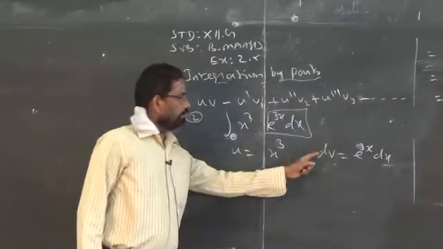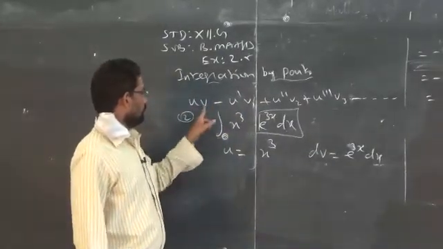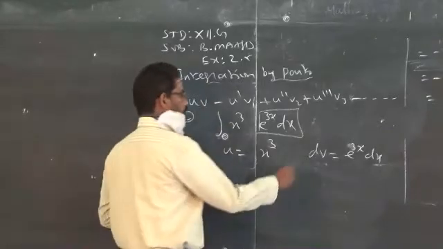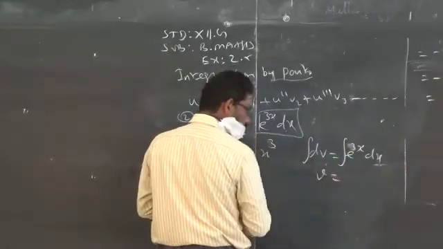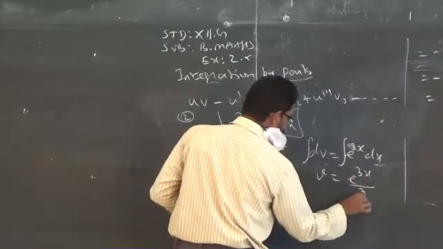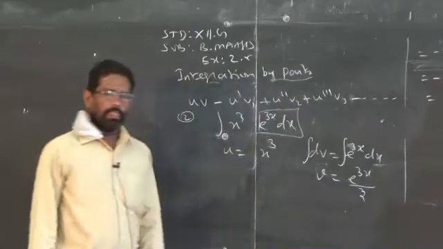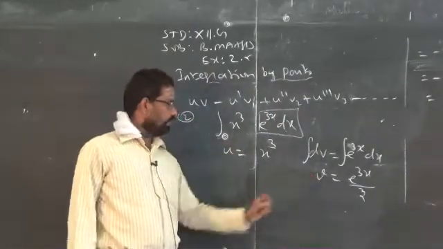So from dv you have to find v. u I know, but I need to find v, for which you have to integrate. So the integration of dv is v, integration of e power 3x is e power 3x by 3. Clear? So I have u and v.